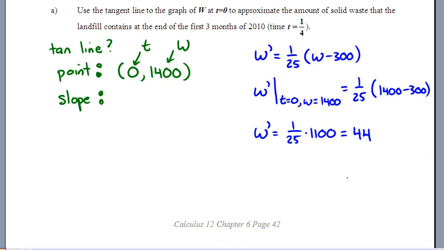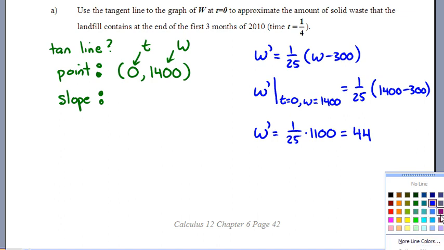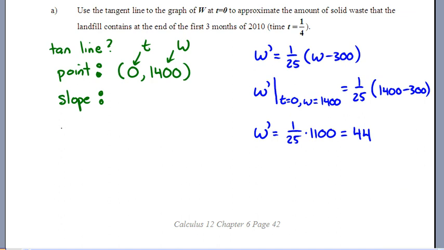Okay, the tangent line. All right, we can go find that tangent line. Sure, let's do that right over here. We can say W minus 1400 all on top of T minus 0 is equal to 44.